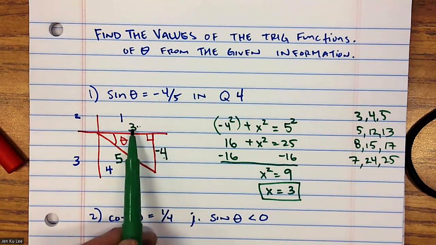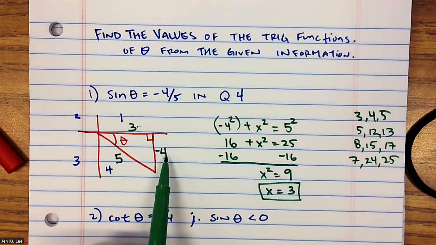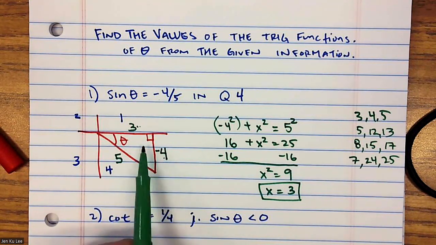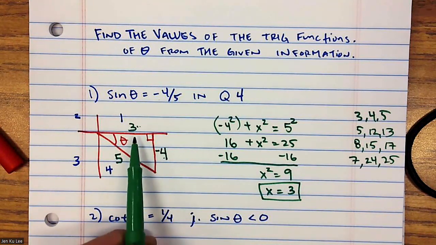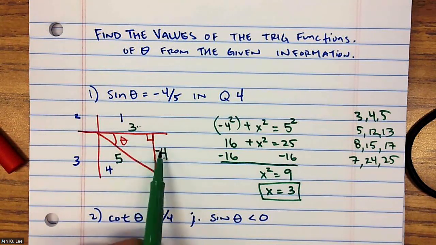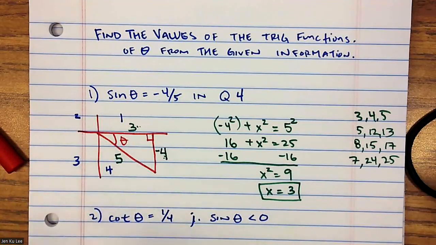Tangent is y over x, so that's -4/3. Cosecant is r over y, which is -5/4. Secant is r over x, which is 5/3. And the last one, cotangent is x over y, which is -3/4. Right? And that would be your answer. Cool?